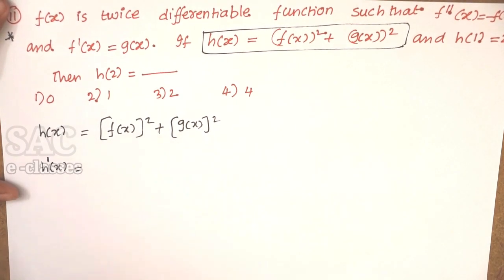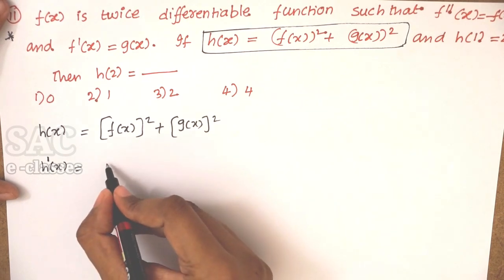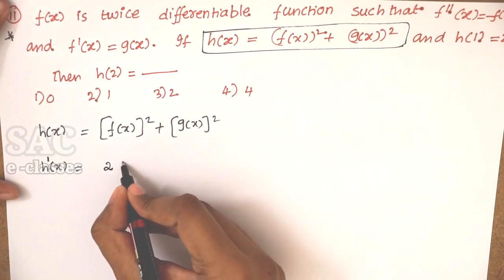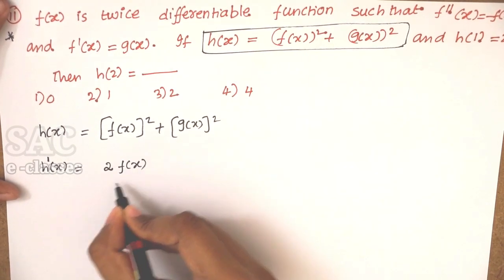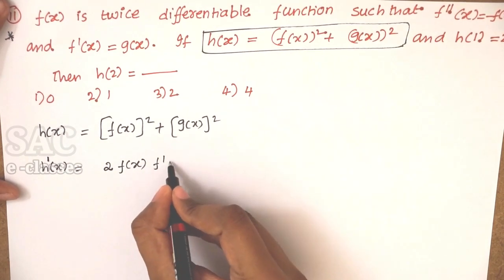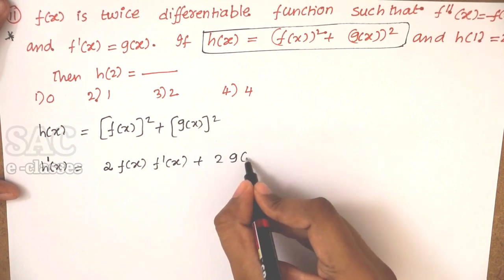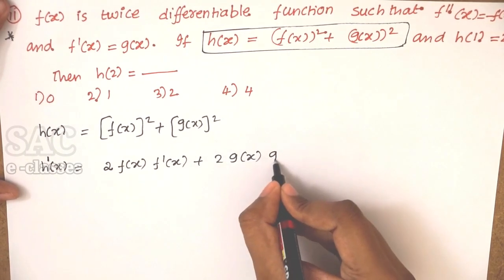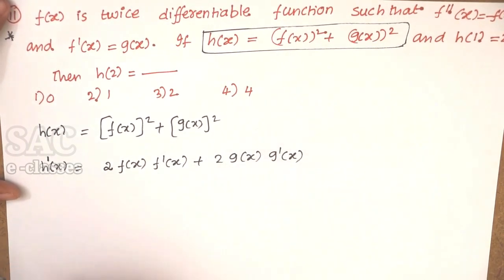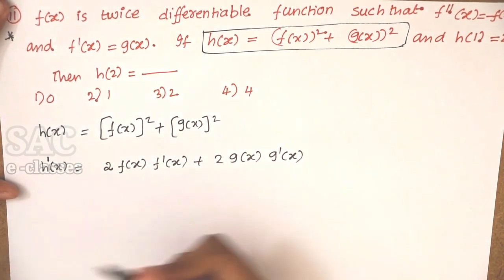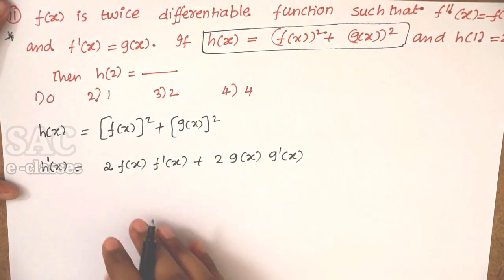Go for the differentiation: h'(x) = 2·f(x), again f(x) differentiation is f'(x), plus 2·g(x), again g(x) differentiation is g'(x). No further proceeding because we don't know all these.